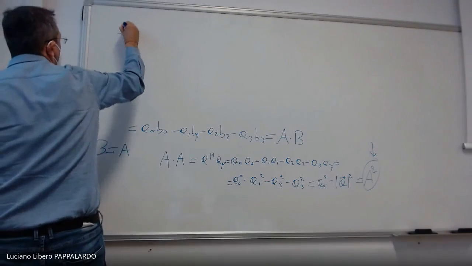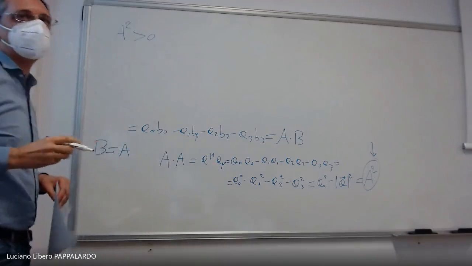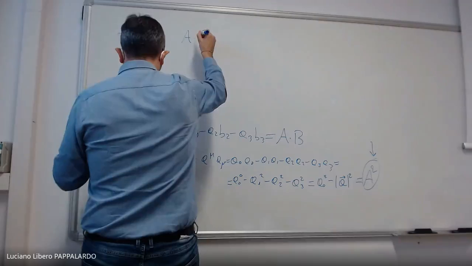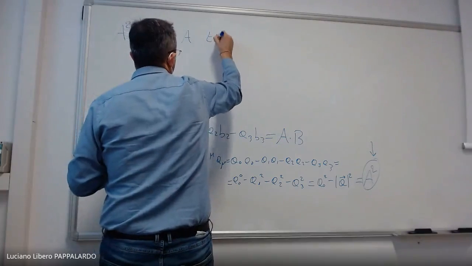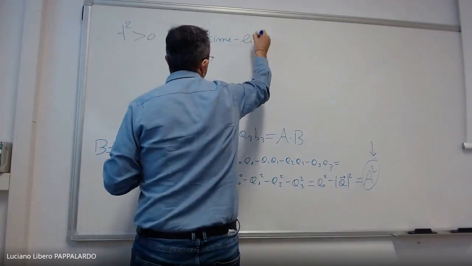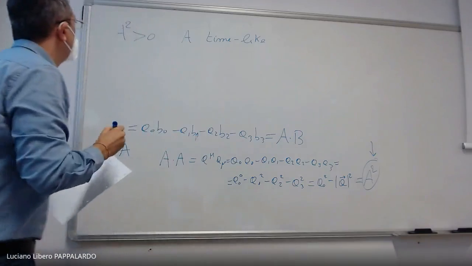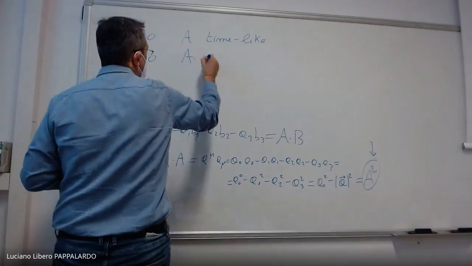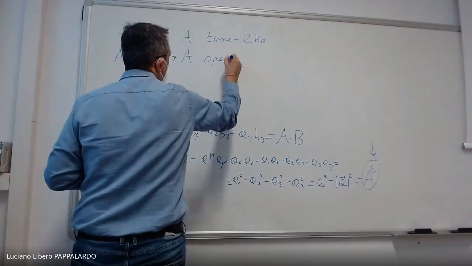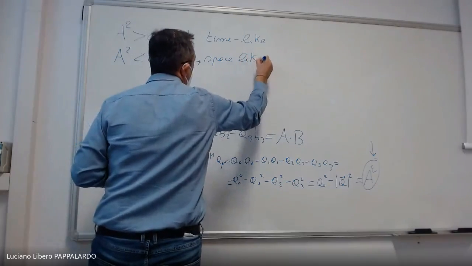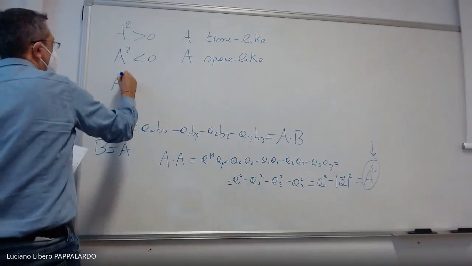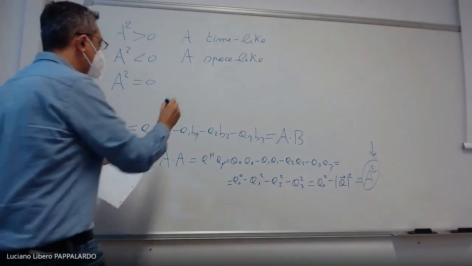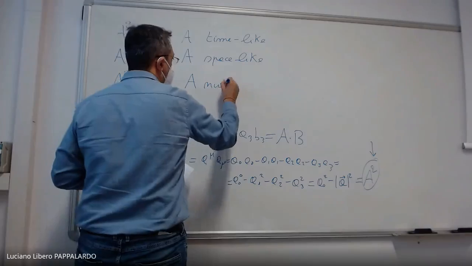The first possibility is that A squared is positive, and so the vector is a time-like vector. The other possibility is that A squared is negative, and so A is a space-like vector. And the last possibility is that it is null, and so A is a null vector.